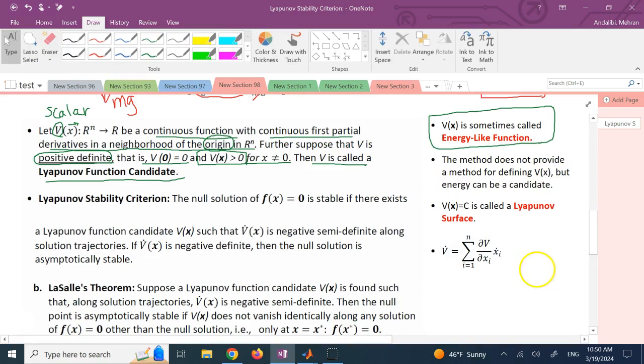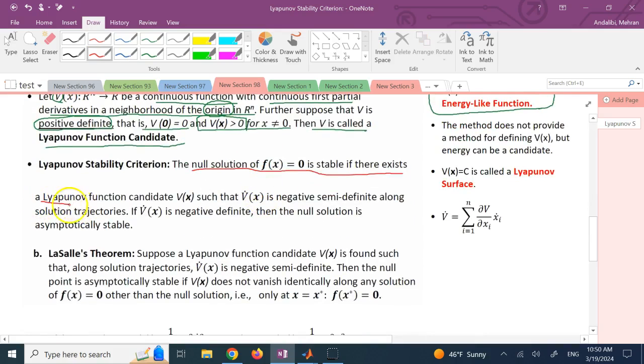So let's talk about it. What does the stability method of Lyapunov say? It says the null solution f of x is stable if you can find a V of x positive definite such that the derivative of that, V dot, is negative semi-definite.